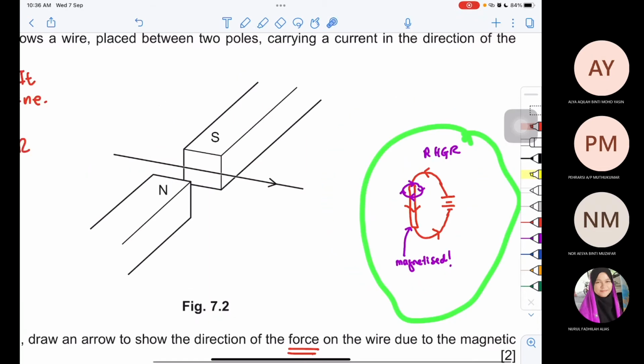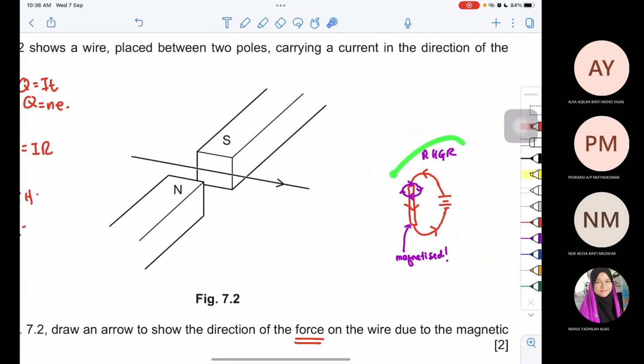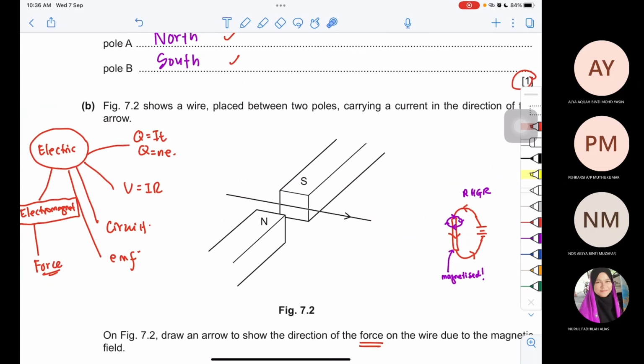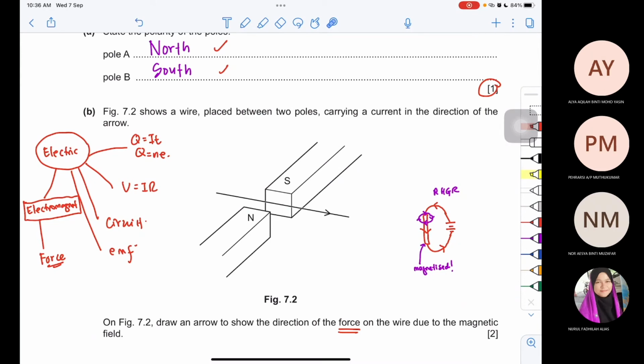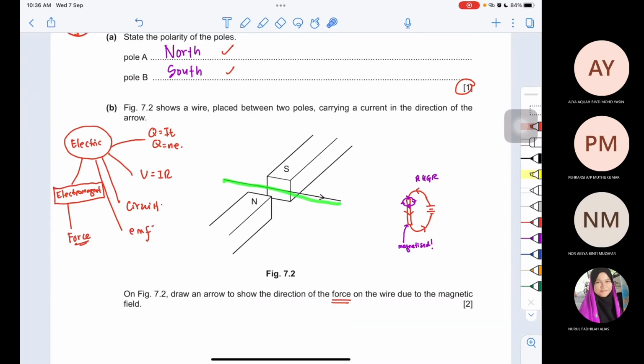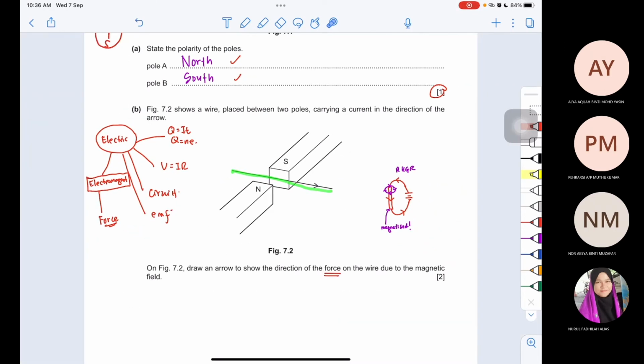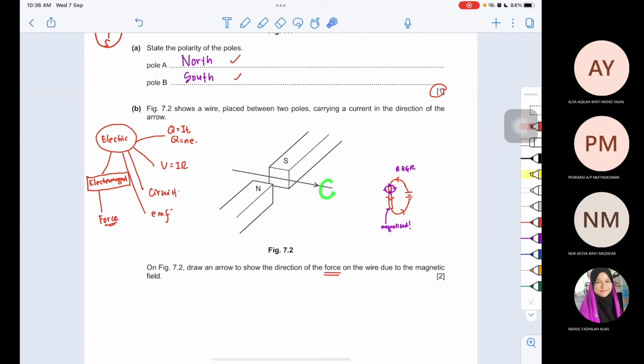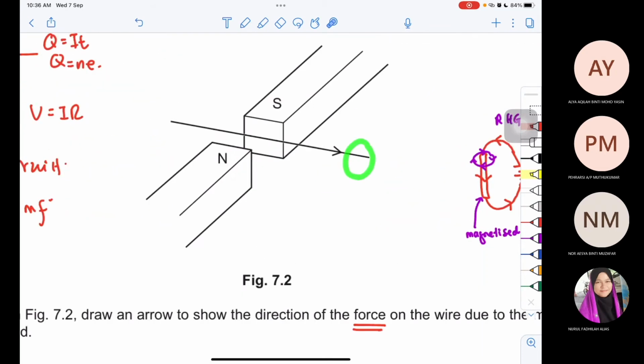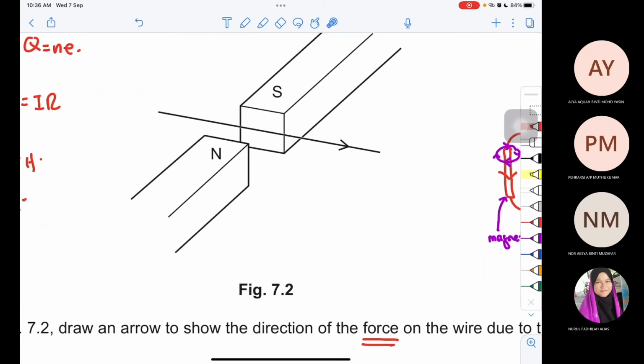Okay, now this is actually already in your head. So you don't need to write it in the question, but you already know. So now you know we have a conductor. The conductor has current. So that means the conductor itself has become magnetized. It becomes a magnet by itself. So when there is a magnet, it is like two magnets interacting. One here, its magnetic field goes this way.